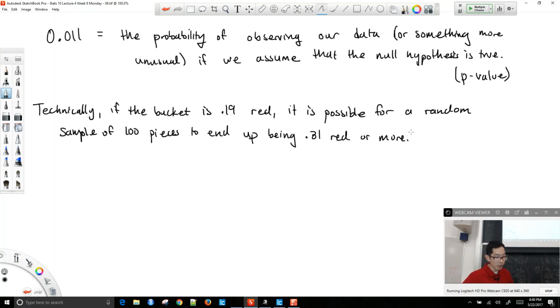Okay, but how often does that happen? This happens only with a probability of, I'm missing a 0, not 0.011, but 0.0011.